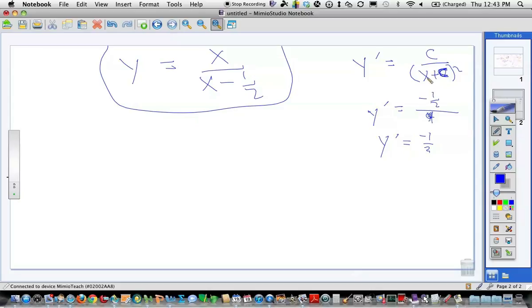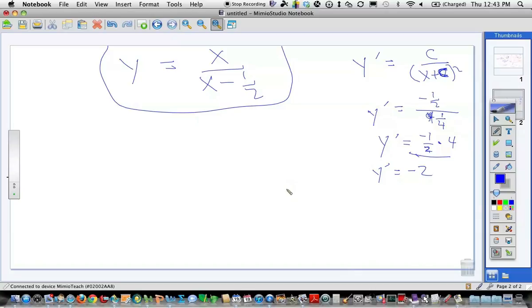So this should be, okay, now put a 0 here. So this is negative 1/2 over, and this would be 0 minus 1/2. So that'd be negative 1/2 squared, which is 1/4. So this is negative 1/2 over 1/4, which would be negative 1/2 times 4, which is negative 2.